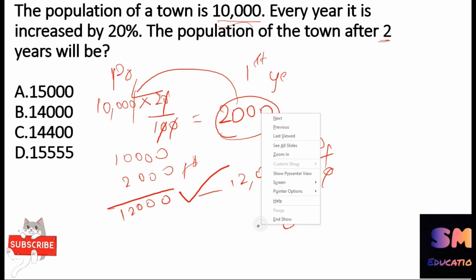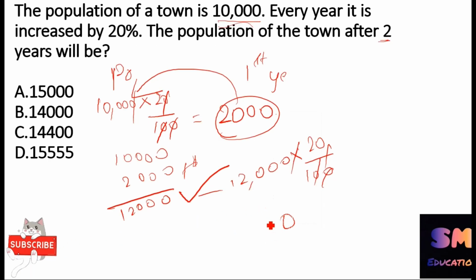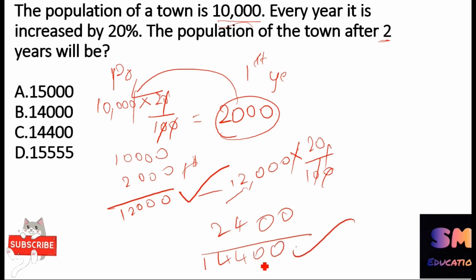This gives you 2400, and again we need to add that one, 14,400. So this is the population of the town after 2 years. So answer option C is the answer, 14,400.